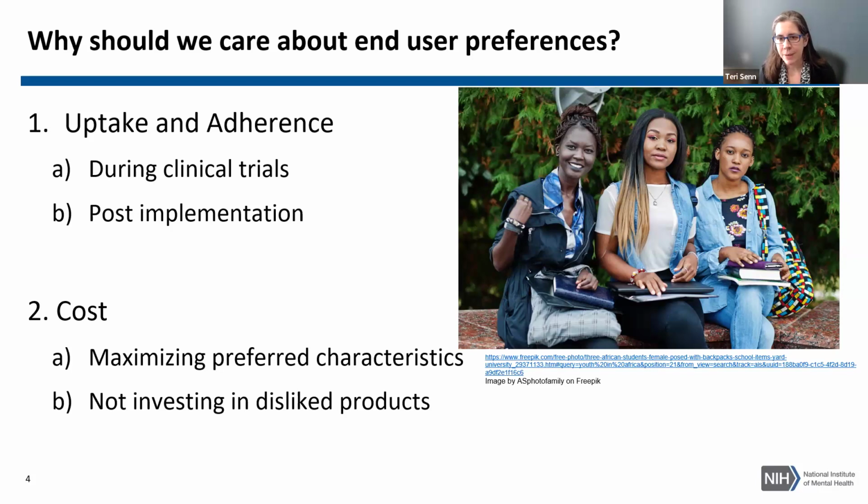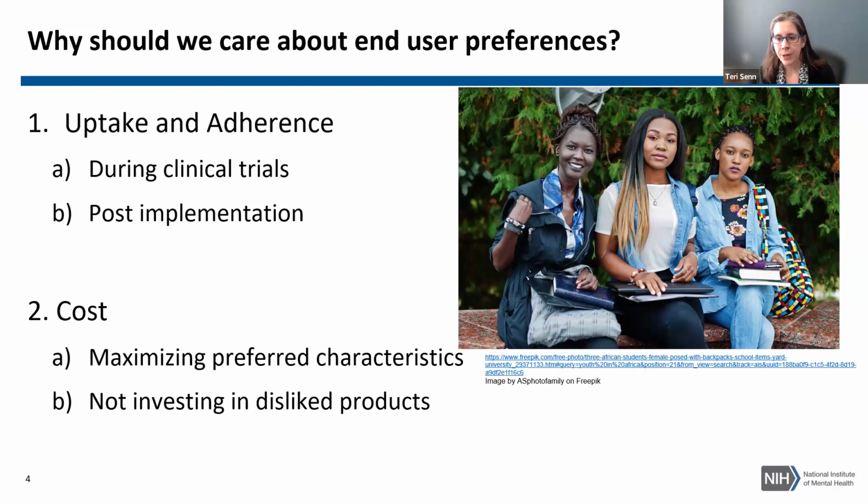But beyond thinking about this, I think it's also important to think about adherence during clinical trials. So some clinical trials have been hampered by low adherence, which makes it difficult to determine product efficacy. So if we design products that meet user preferences, perhaps we'll get better efficacy estimates during these clinical trials.